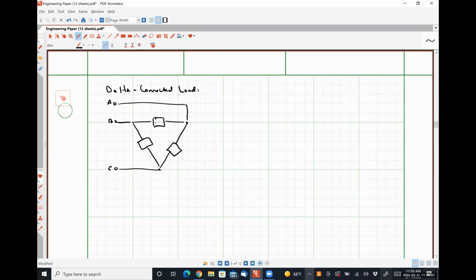I'm going to call this guy Z delta A, Z delta B, and over here, Z delta C. Our, in my opinion, easier way to draw these guys looks like this.